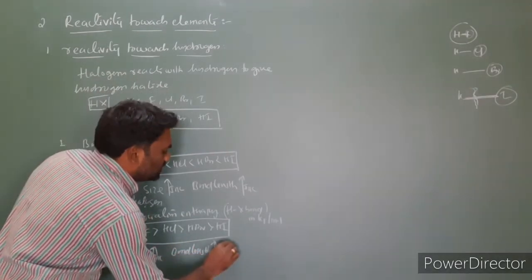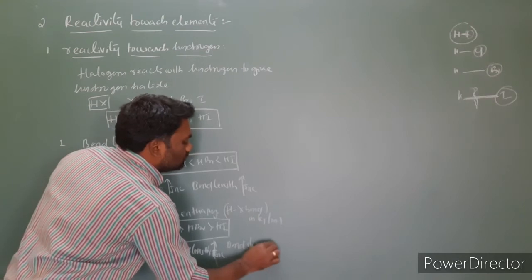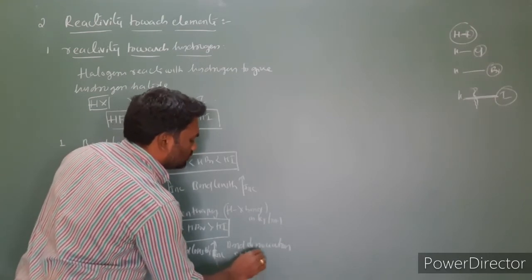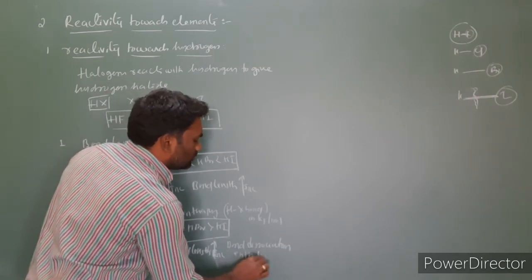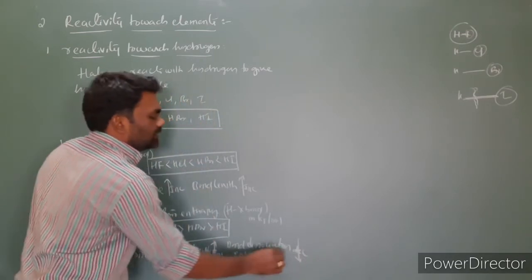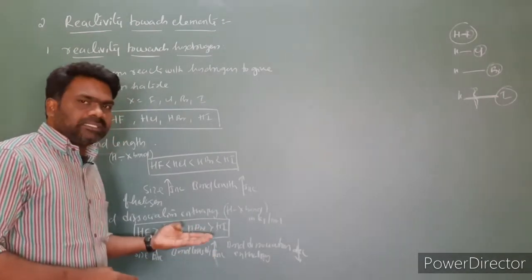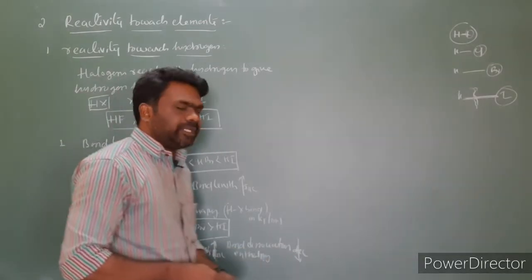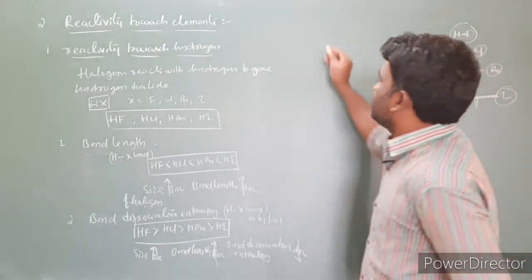That means bond dissociation enthalpy decreases. Bond length increases, strength decreases, bond dissociation enthalpy also decreases. Less energy is required to break it. So this is bond dissociation enthalpy.